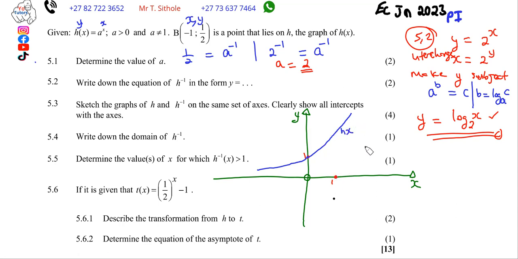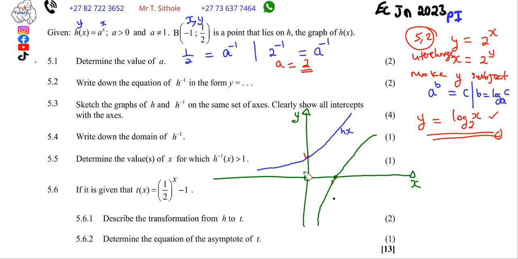Then the other one here will be the one for the inverse, which will pass like that. Remember something about this graph: the asymptote is the y-axis, so it doesn't touch the y-axis, and for this one here, the x-axis is the asymptote.